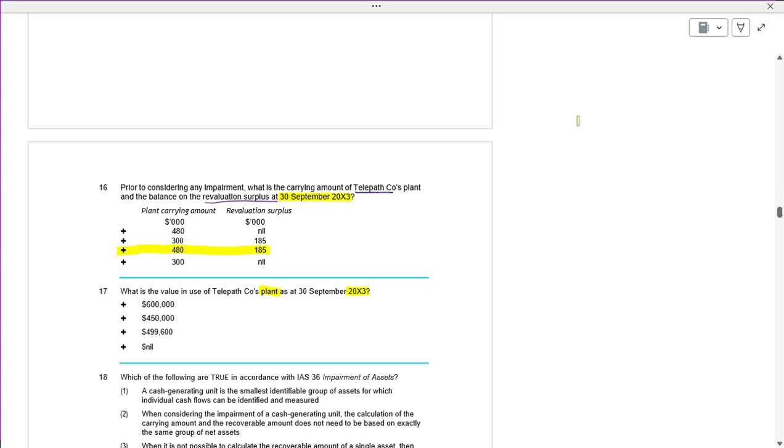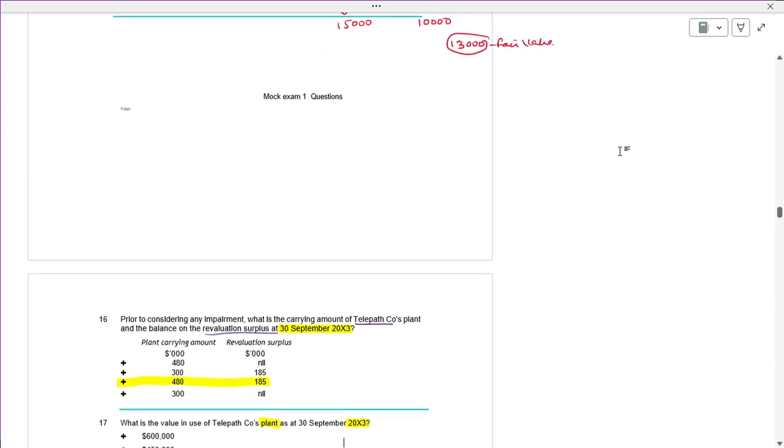How do we calculate value in use? Any idea?